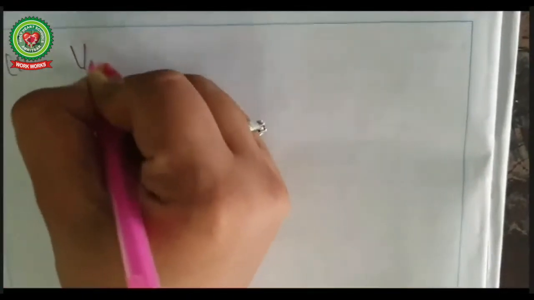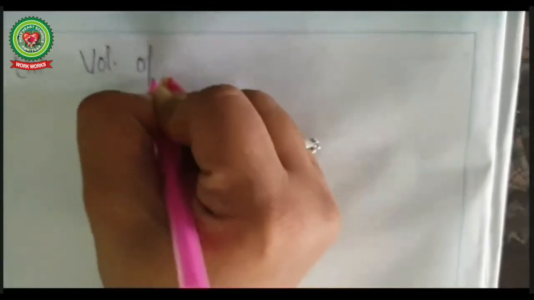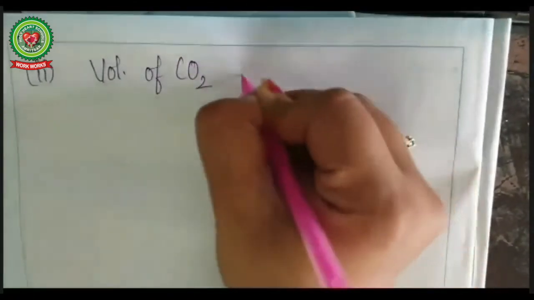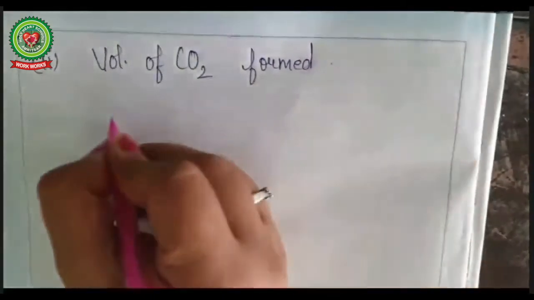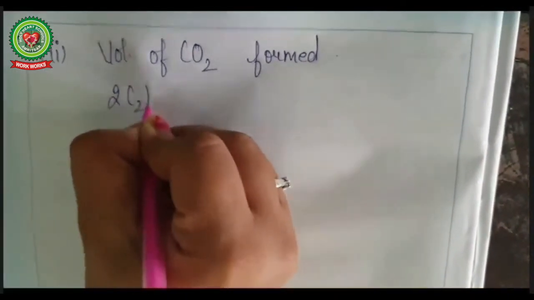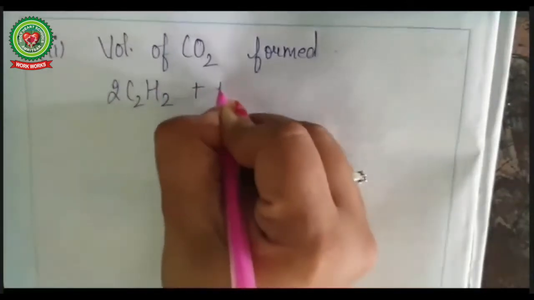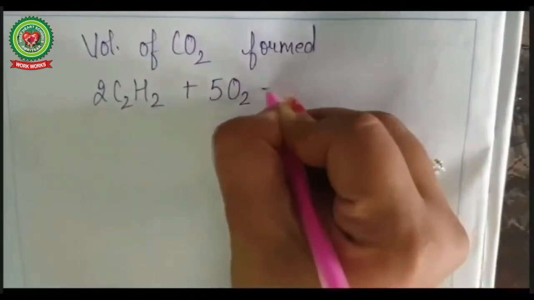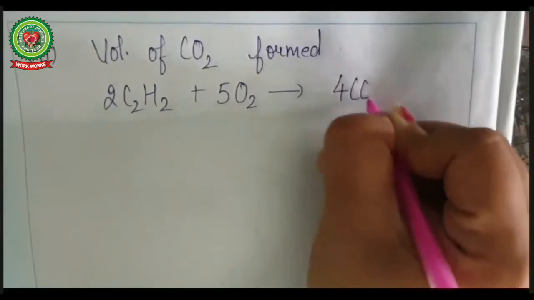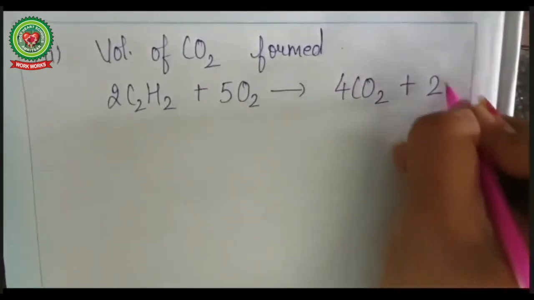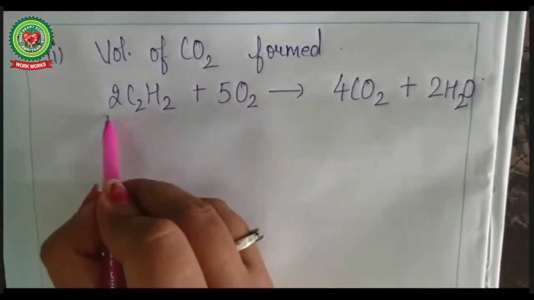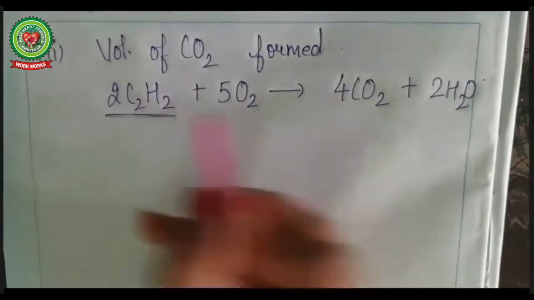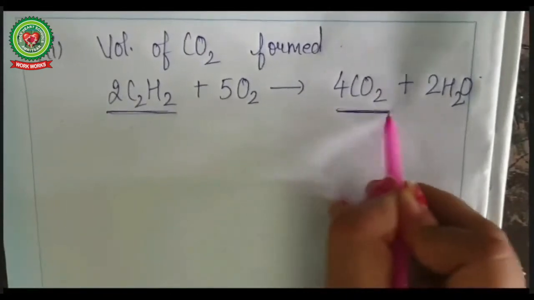In the second part, we had to calculate the volume of carbon dioxide formed. So equation: 2C2H2 plus 5O2 will give 4CO2 plus 2H2O. So here we are going to consider ethyne and carbon dioxide.